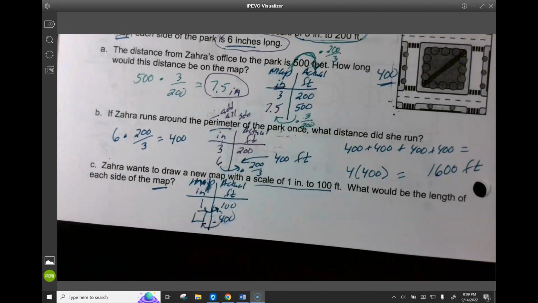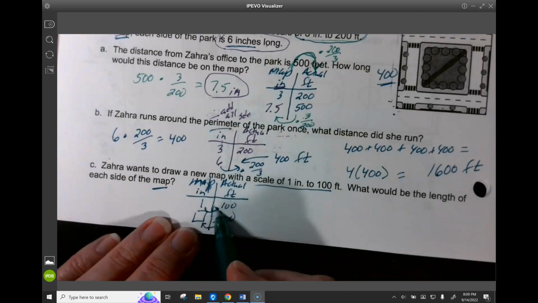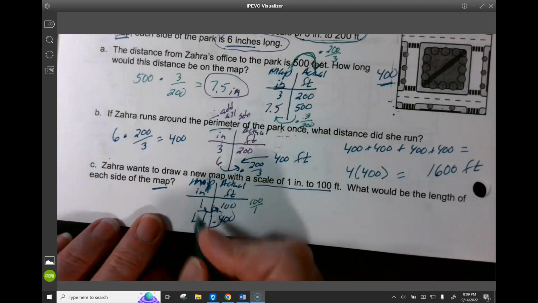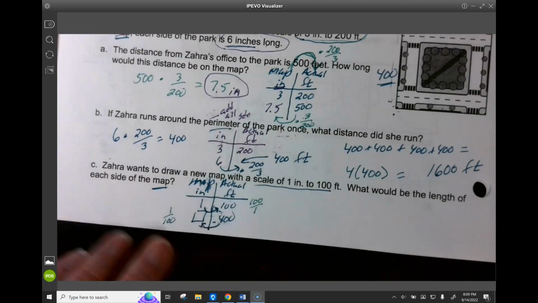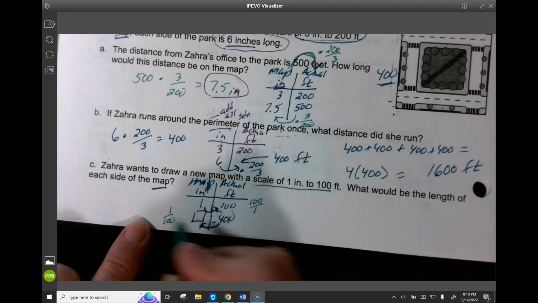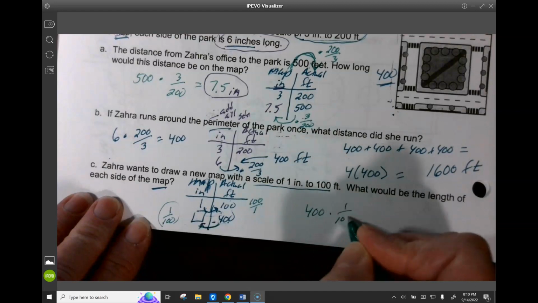Opposite direction. So what am I going to do? So if I go this way, I multiply by 100 over 1. But if I go this way, I multiply by 1 over 100. So I'm going to take 400, because I'm going this direction, and I'm going to multiply by 1 over 100.